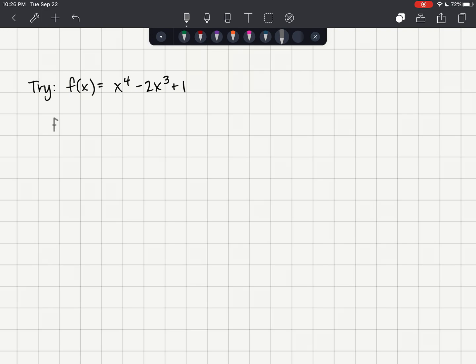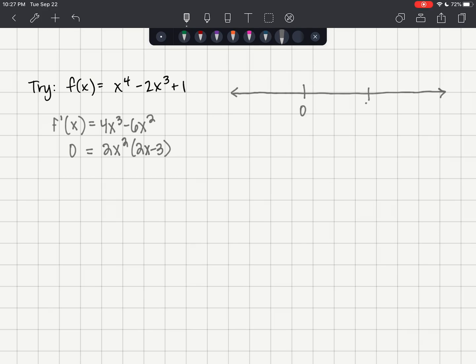So here I go. Okay, we've got f prime of x. When I found f prime of x, I'm going to write down this step so that you can see if you did that part right. Then I further factored 2x squared times 2x minus 3, set it equal to 0, and I got critical numbers of 0 and 3/2.